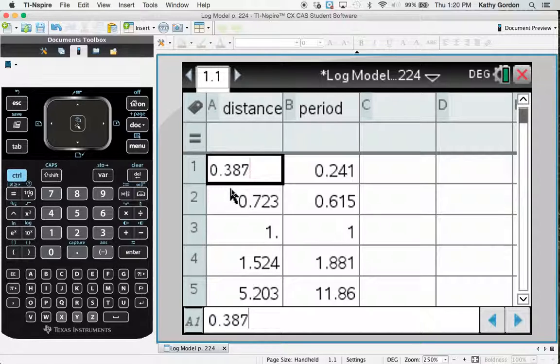And you need to label your columns. At the top of column A, actually type in distance. At the top of column B, actually type in period. And then these are the first 5. So go ahead and put those in quick first, and then I'll move it down so you can get the 6th one in.